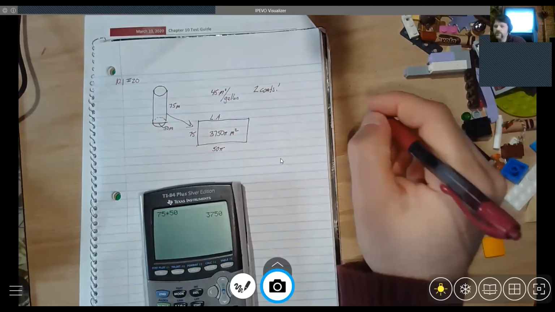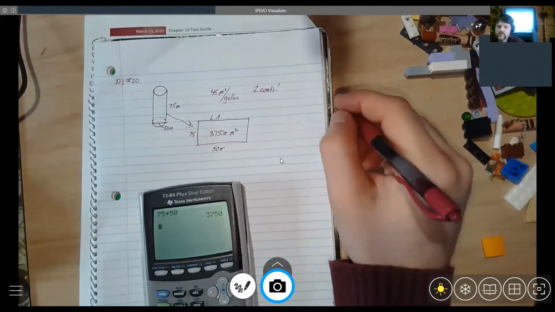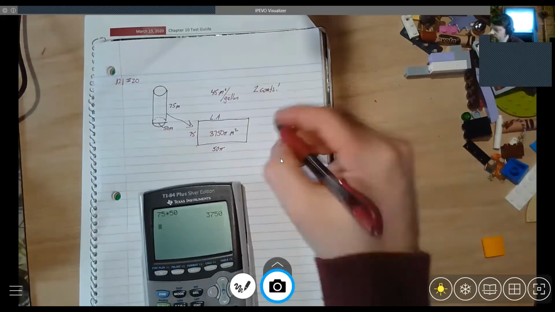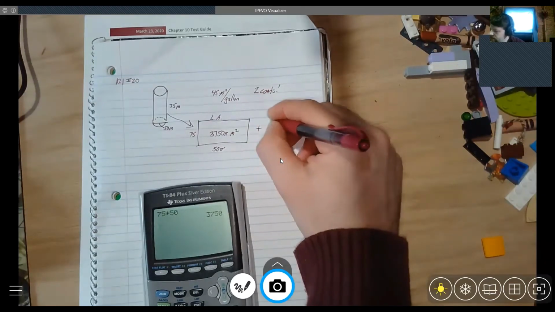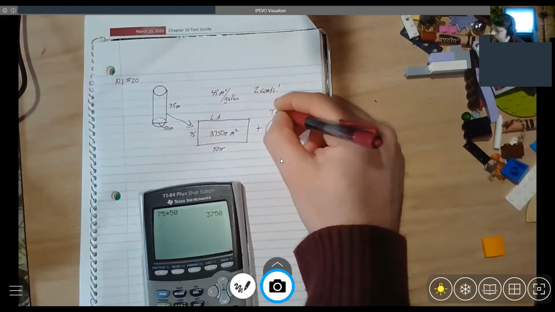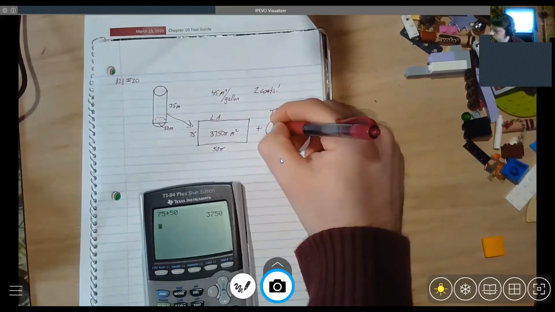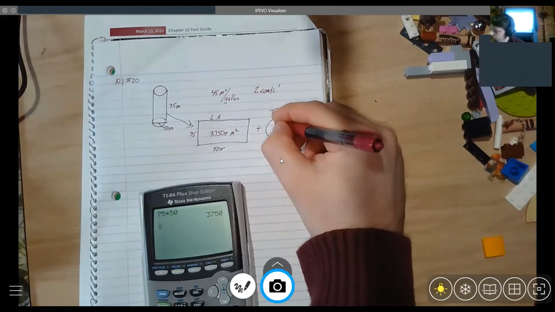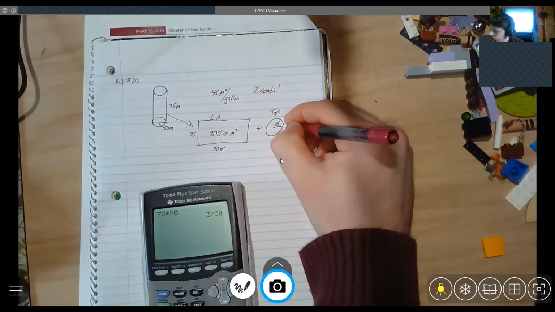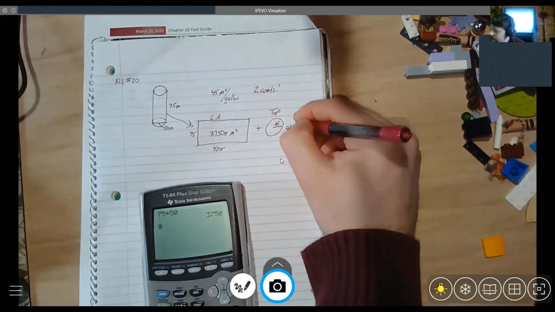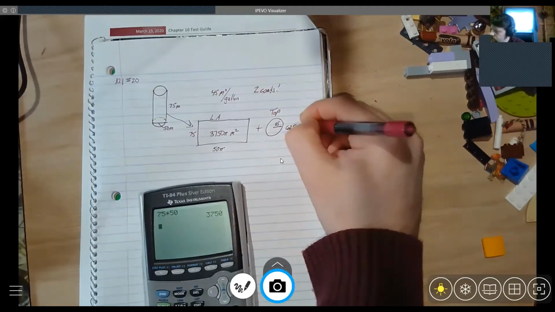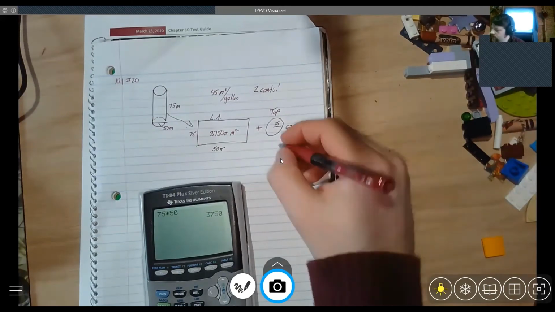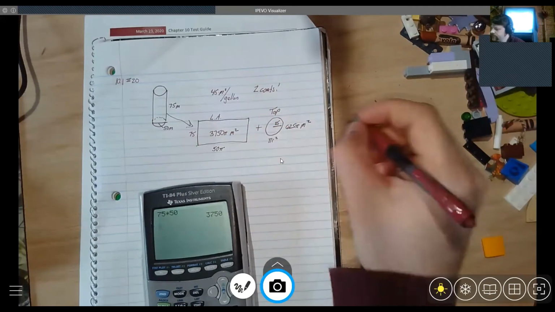So the lateral area of my cylinder is 3,750 pi square meters. Then I have to add the area of the top, which, if the diameter is 50, the radius is 25, so that's 625 pi square meters. So 25 squared is 625, right? So you've got pi r squared.